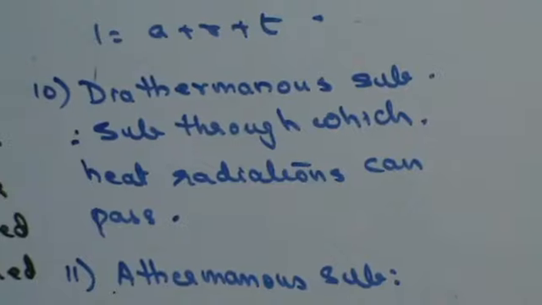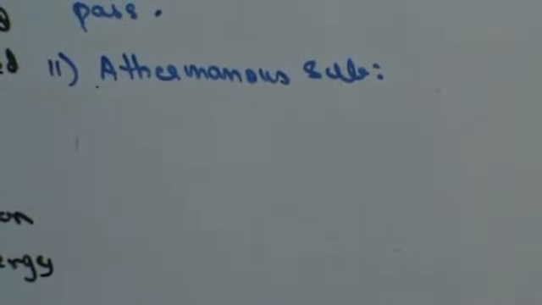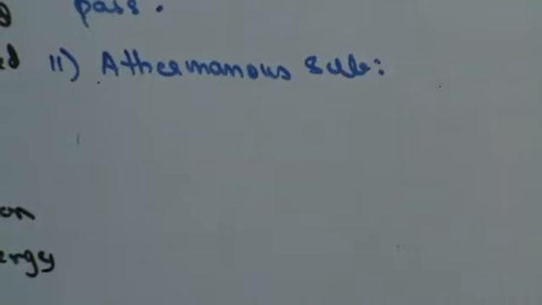Exact opposite of that, athermanous substances. Substances through which heat radiations cannot pass are called athermanous substances. For example, wood. Athermanous substances are those substances for which the value of t is 0. That means they do not have the ability to transmit heat energy. Their ability to transmit heat energy is 0.